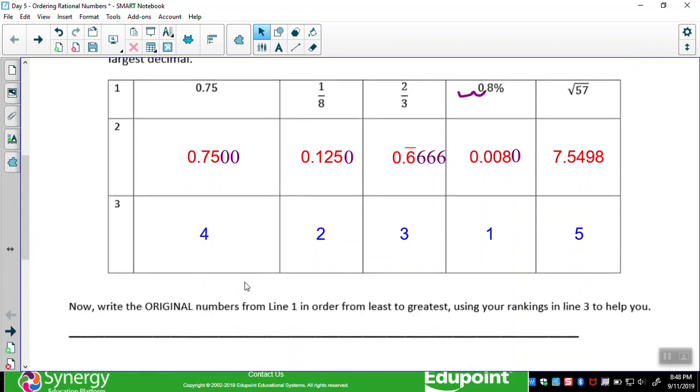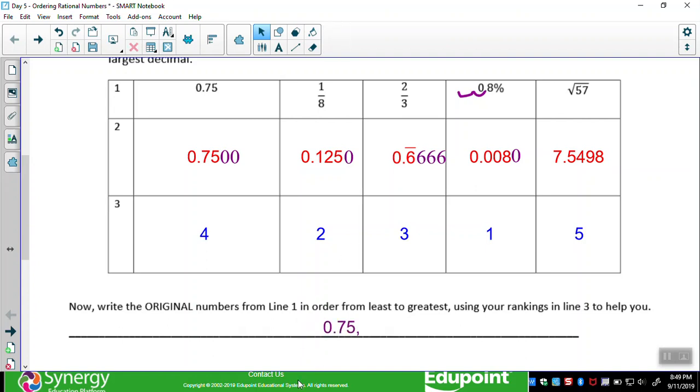All right, now our job is to write these in order from the smallest to the biggest. But the key is we have to use the original form, not the converted form, but the original form that they were in. So I'm going to start with 0.8% and end with the square root of 57.